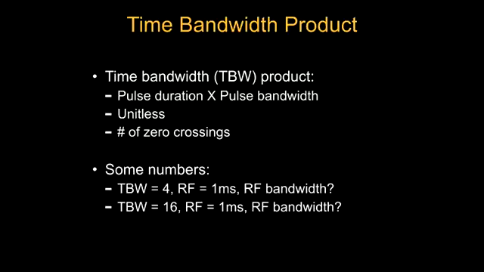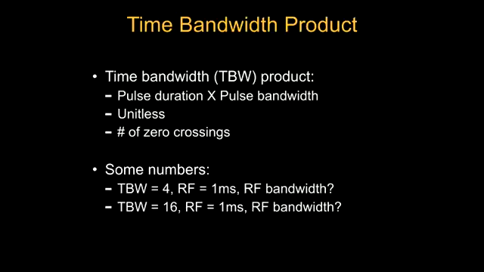This is a very common and practical number. People look at it as a measure of slice profile quality. If you're using a very high time bandwidth product RF pulse, your slice profile is really good. If you use a very low time bandwidth product, your slice profile is really bad. Bad means it's not going to be similar to the rectangular shape; good means it's going to be very close to the rectangular shape.